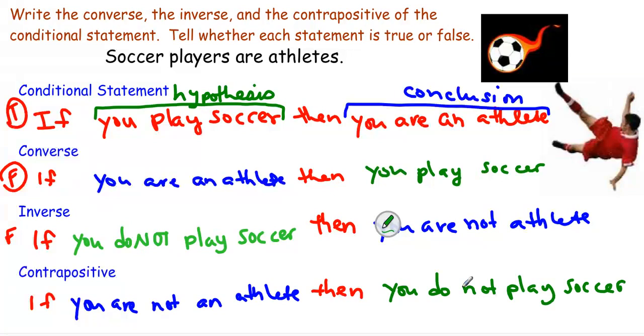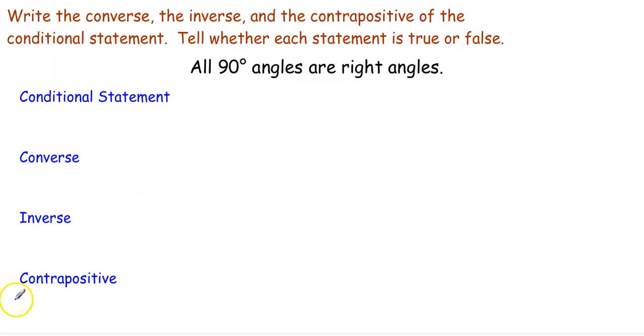For this one, I would definitely say it is going to be true. If you are not an athlete, that means you don't play any sports. So if you are not an athlete, then you definitely don't play soccer. You don't play soccer, you don't play basketball, you don't play volleyball, you don't play baseball, you don't play any sports. So this one would be true. So then I want you guys to try this one on your own. So go ahead and write this one in your notes.